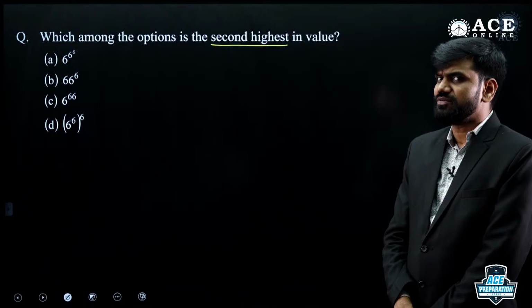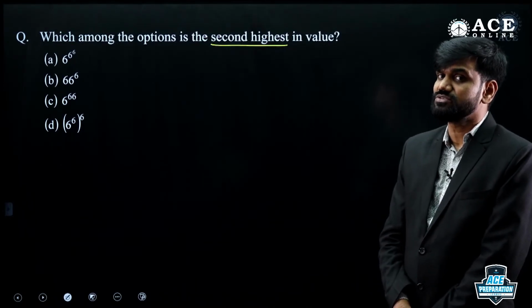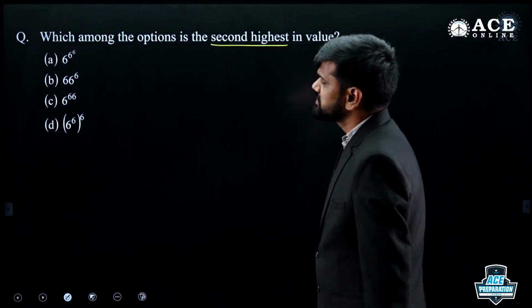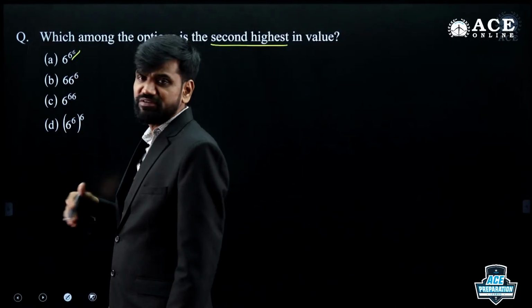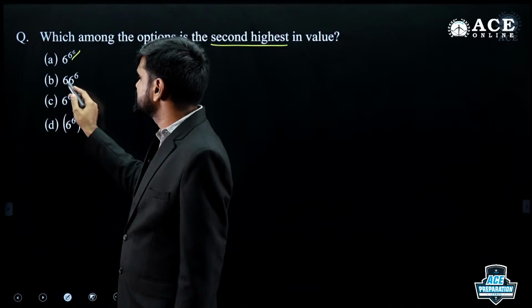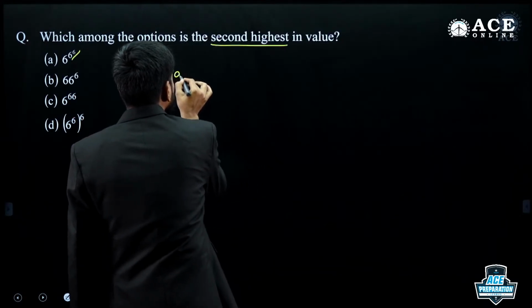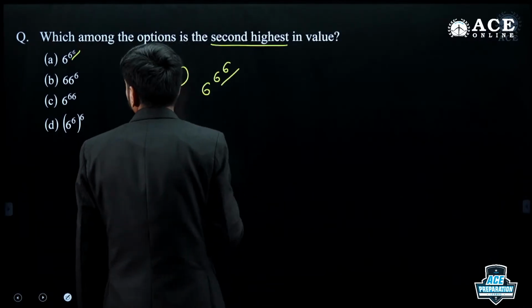See, you cannot make the powers equal, so you focus on the bases only. We will try to convert everything into powers of 6 only, as the base is 6 over there. Right, dear? So first one is 6 to the power of 6 to the power of 6, that will be the highest, because 6 to the power of 6 will be a very big number. So A, it is 6 to the power of 6 to the power of 6. That is a very big value.